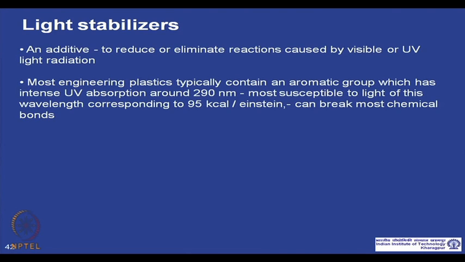Now, most engineering plastics or high performance polymers contain aromatic groups which intensely absorb UV light around 290 nanometers, which is the most damaging wavelength. It corresponds to 95 kilocalories per Einstein of energy, and that can break most of the chemical bonds. So, absorption of UV light is basically a deterrent for the polymer molecules.